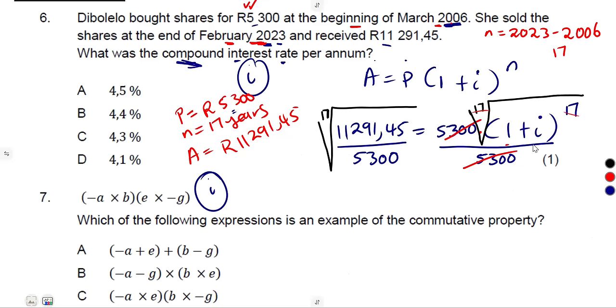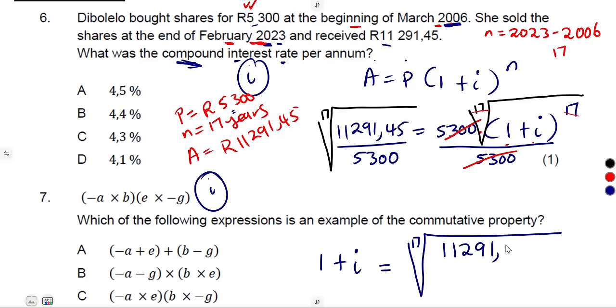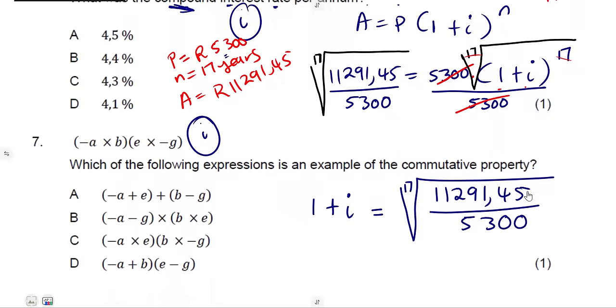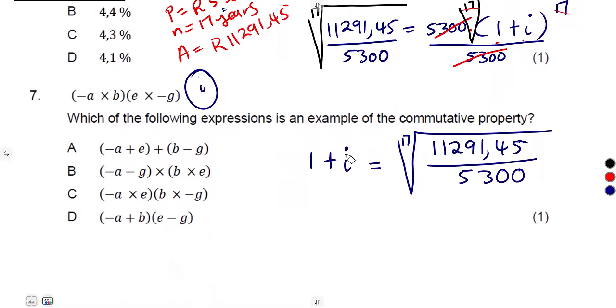So we are left with 1 plus I there, equal to the 17th root of what? 11291.45, everything over 5,300. So in this case, guys, we need to find the value of I.